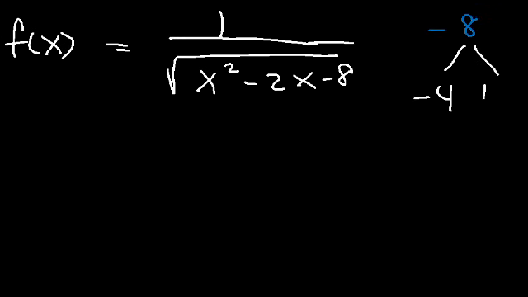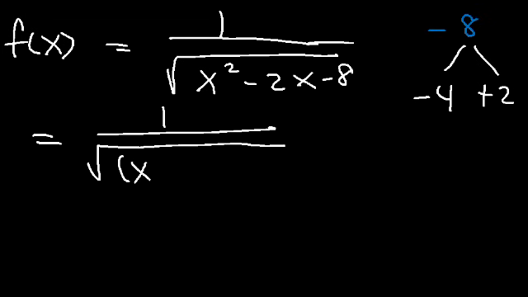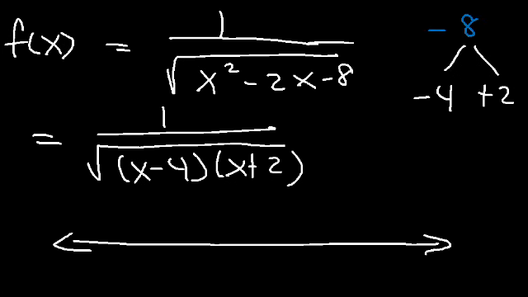This is going to be -4 and +2. -4 times 2 is -8, but -4 plus 2 is -2. So it's going to be x minus 4 times x plus 2 on the inside. So our critical points are -2 and 4.